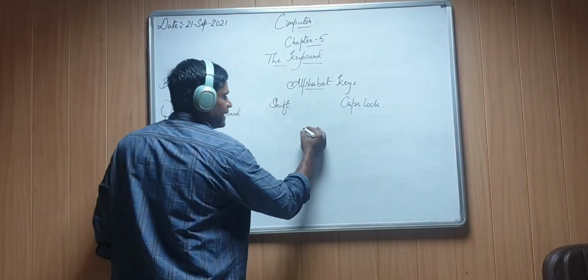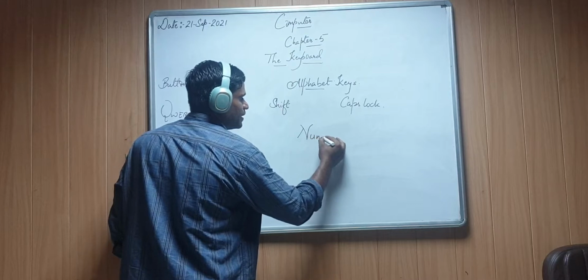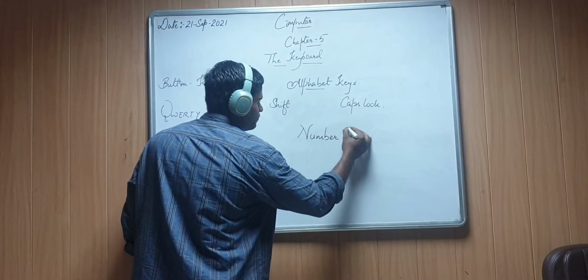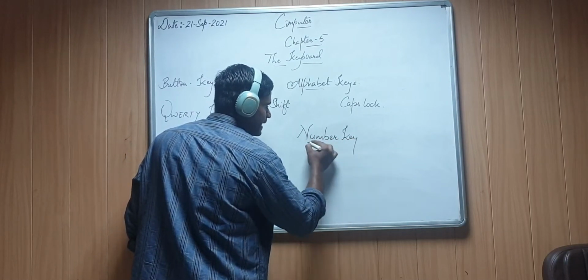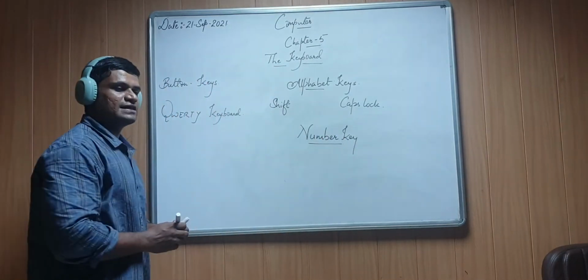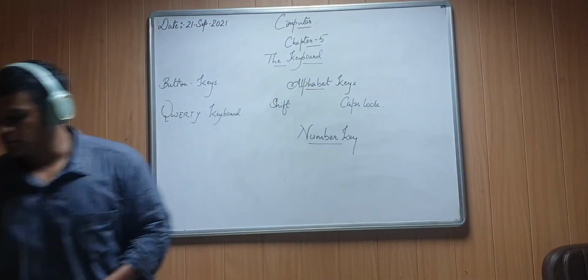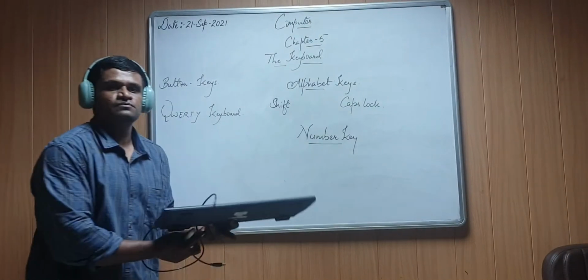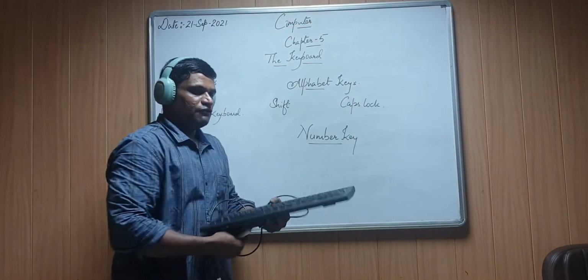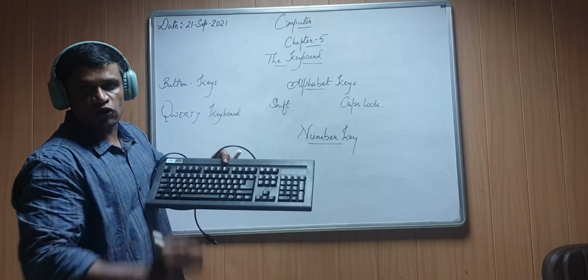After that, we have the number key. Everybody knows the keys on which numbers are written are known as number keys. They are from 1 to 9 and 0. Along with these number keys, we have a numeric keypad also.